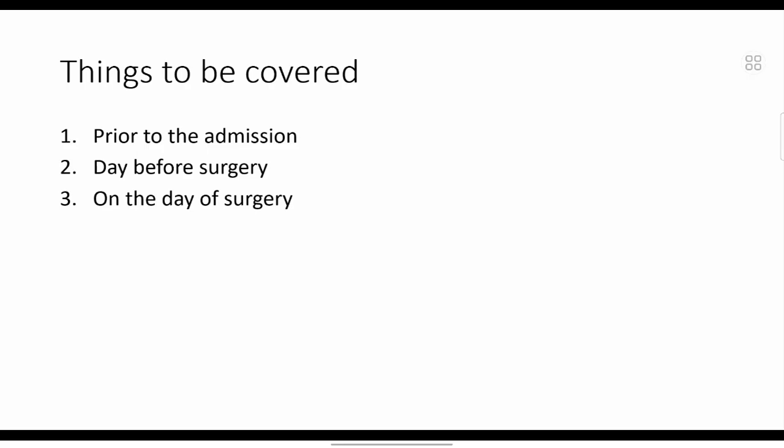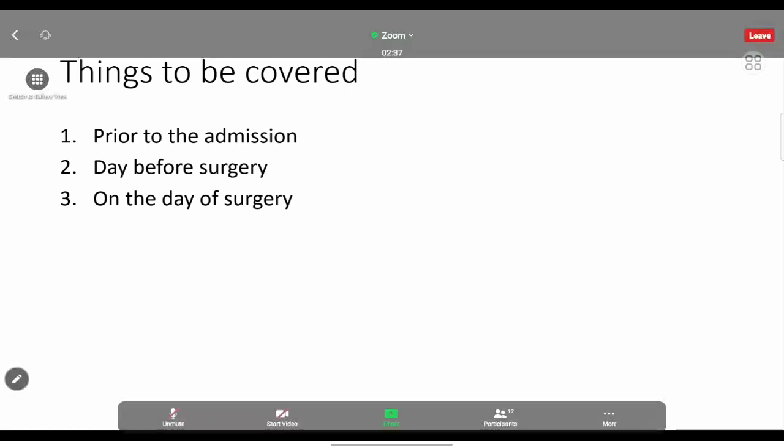So what are we going to cover in this topic? Only three. We can categorize everything we have to cover into three categories. The first is prior to admission, which is done usually 2 to 3 days prior, even 1 week, 2 weeks or 1 month before, the things that should be done prior to admission.